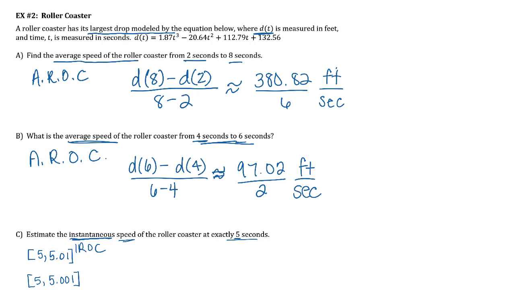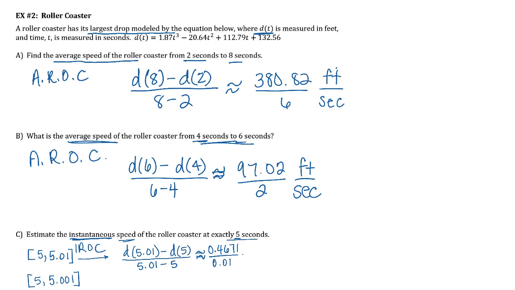So let's set up for this first one. So I'm going to have D at 5.01 minus D at 5 over 5.01 minus 5. And then that's going to be equal to 0.4671 over, and that is rounded, so I need to do my squiggles, over 0.01.